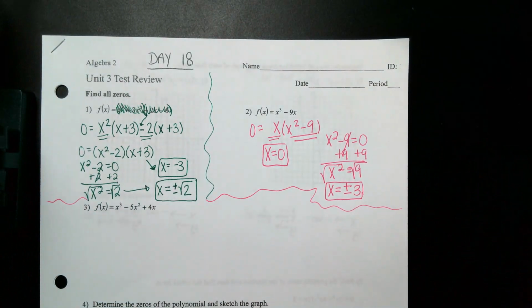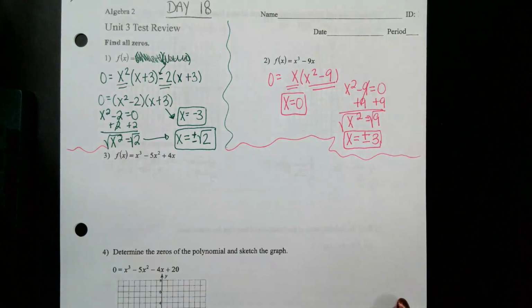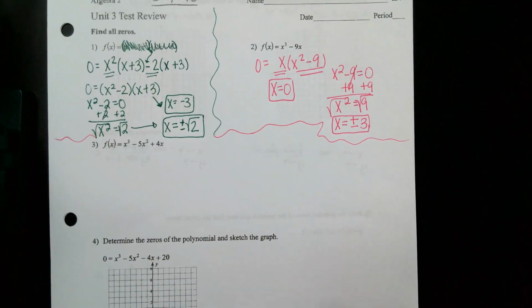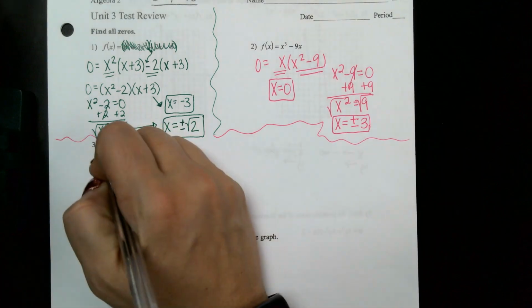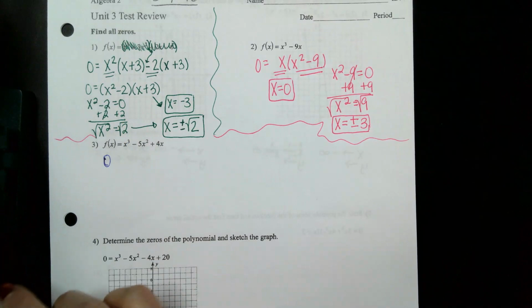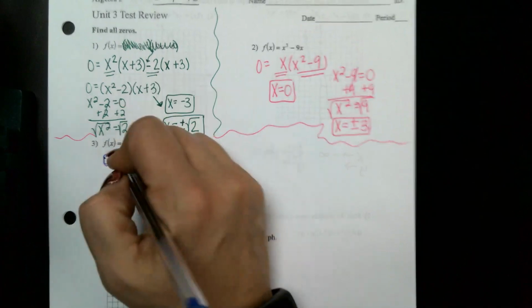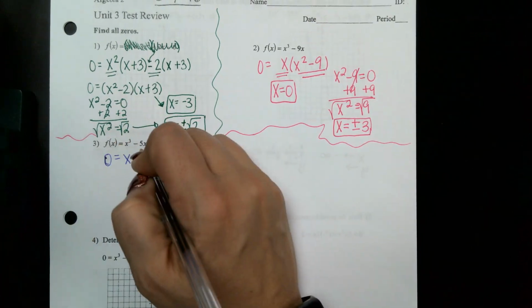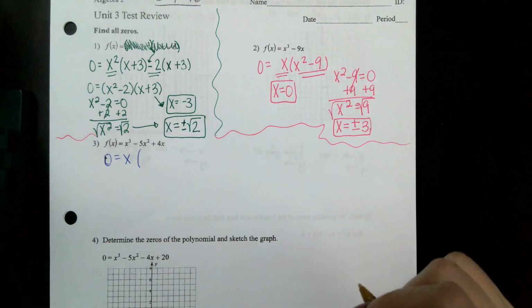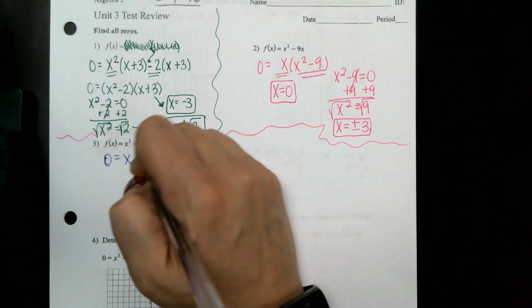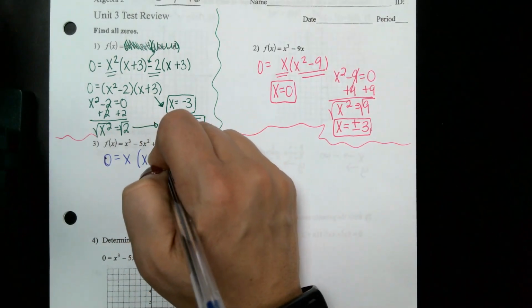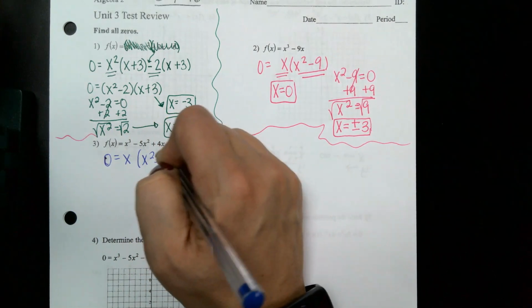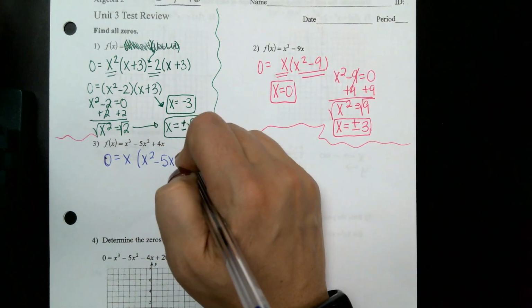Then the third one, what do all three terms have in common? They all have an x in common. So we're going to bring out an x. If we get rid of an x from each term, our exponents just decrease. All your terms will stay the same, but your exponent will become one less.